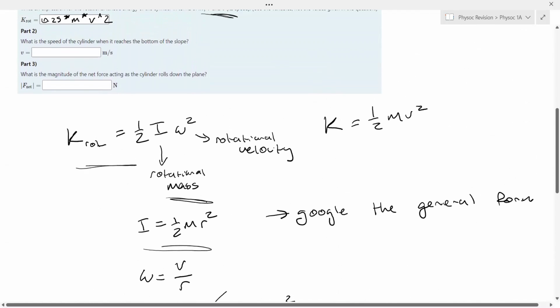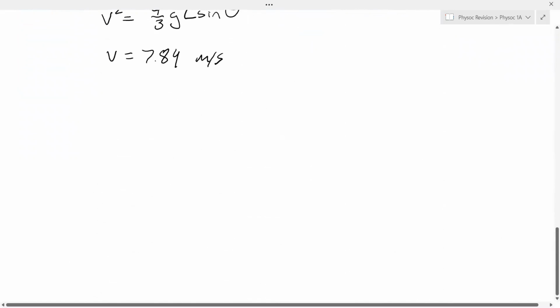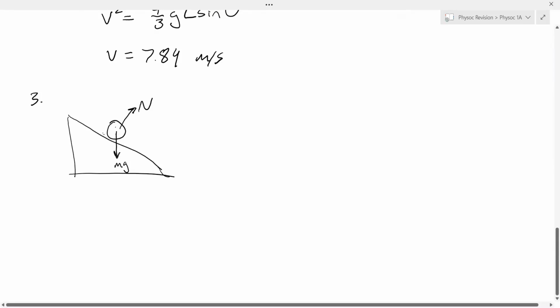All right. Then finally, what is the magnitude of the net force acting as the cylinder rolls down a plane? Looking at our cylinder here, we know it's going to have weight force going down, mg, and normal force going up. We're not really sure if there's any frictional force, probably not, because we didn't account for it in our energy equation.